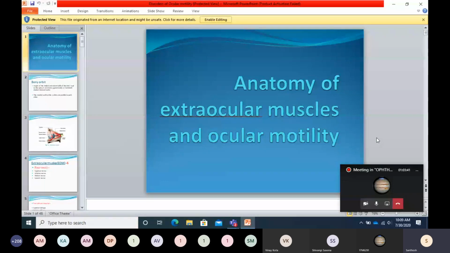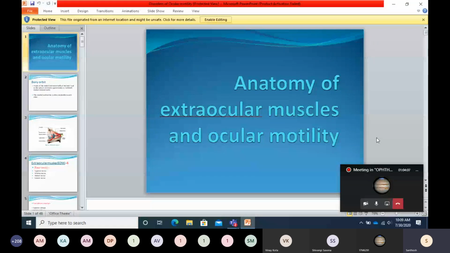For example, superior oblique, apart from its primary action of intorsion, causes depression, and don't you ever say elevation for superior oblique. And inferior oblique, as you know, the name is inferior, but it causes elevation apart from its primary action of extorsion. One more mnemonic which I told you, SIN RAD ABO, will definitely come to your rescue.